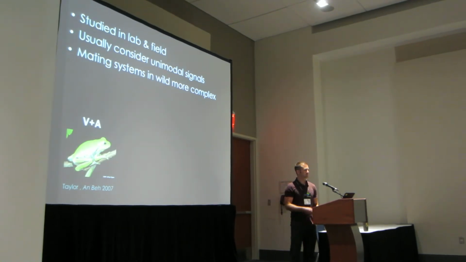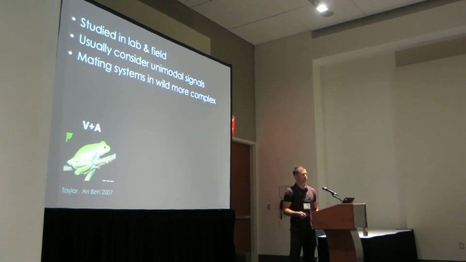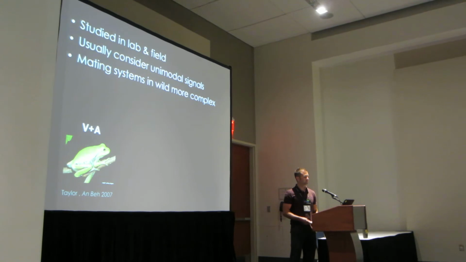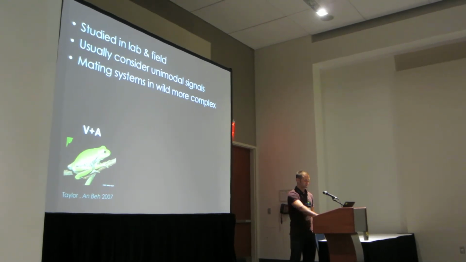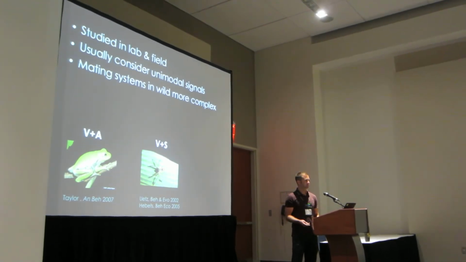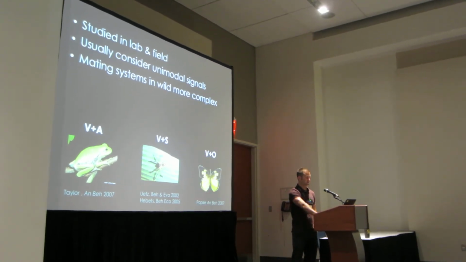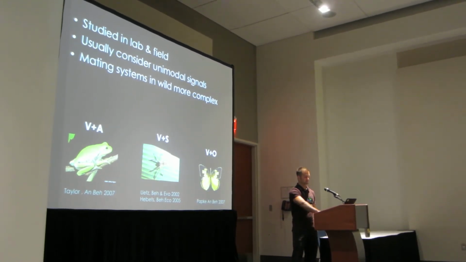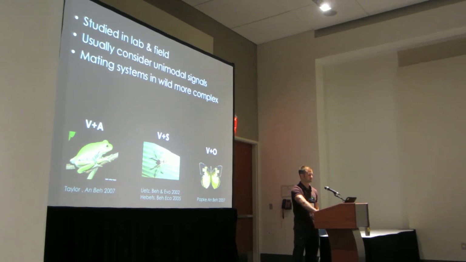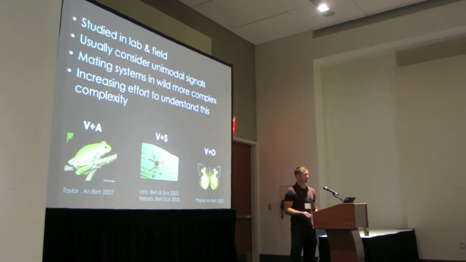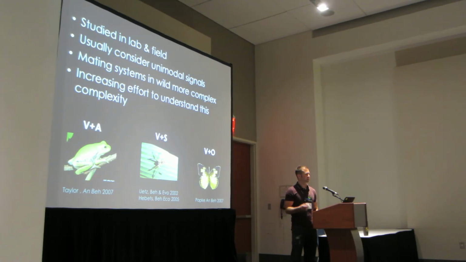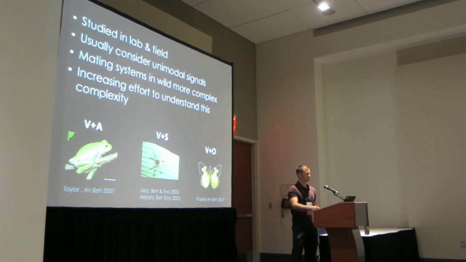So for example, we know now that visual and acoustic signals are important in squirrel tree frogs. And similarly, visual and seismic cues are important in mate choice in wolf spiders. And visual and olfactory cues, just as another example, are important in mate choice in butterflies. So there's increasing effort to understand biologically relevant complexity in the animal kingdom.